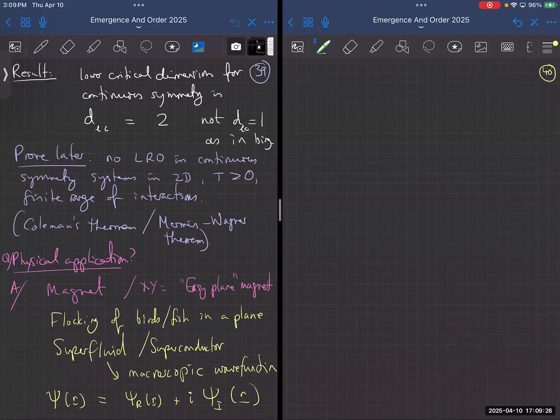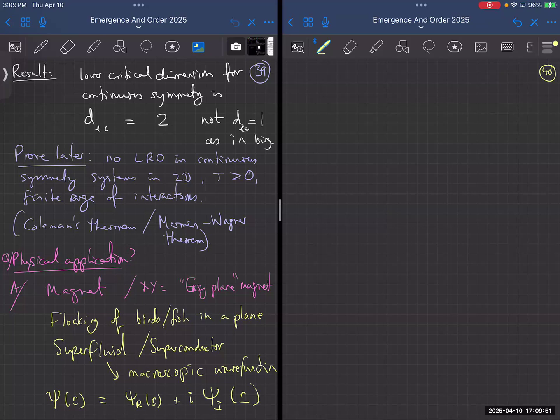Well, I've just told you that it doesn't exist. Okay, but yet people got the Nobel Prize for showing that sort of thing can exist. The reason is that it doesn't have ordinary order, but it has a different form of order called topological order. That's what Kosterlitz and Thouless discovered, a topological phase transition in 2 dimensions.